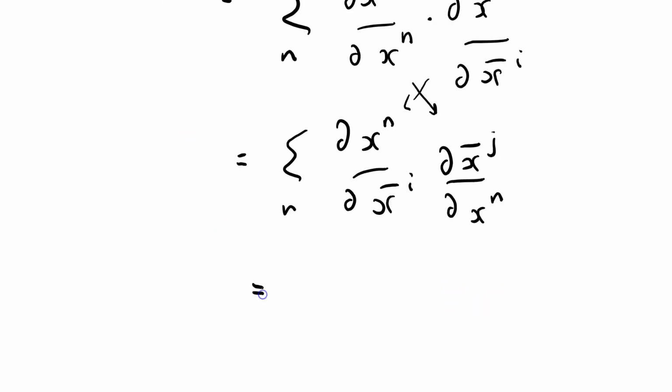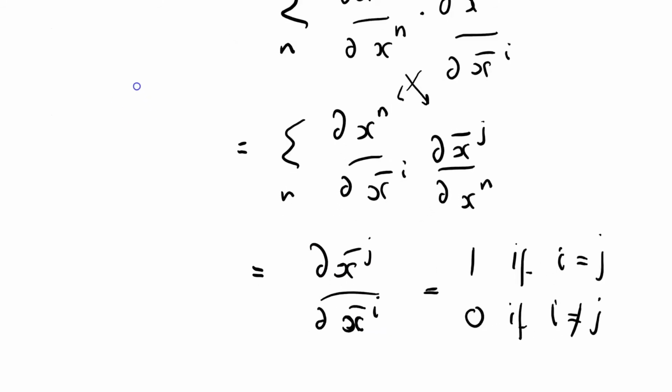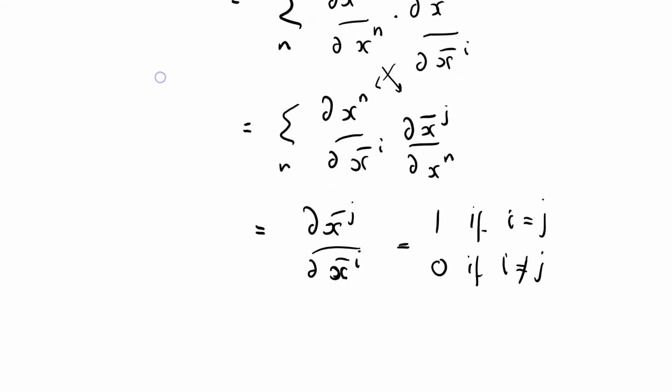We can see that by the total derivative rule that I did in screencast 1, I think it was, that equals di x bar j by di x bar i, which equals 1 if i equals j, and 0 if i is not equal to j. Because if i is not equal to j, by construction, this partial derivative is 0. Which is quite an odd thing, which is delta ij.